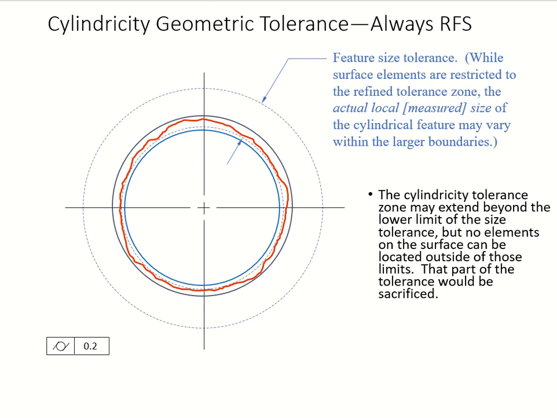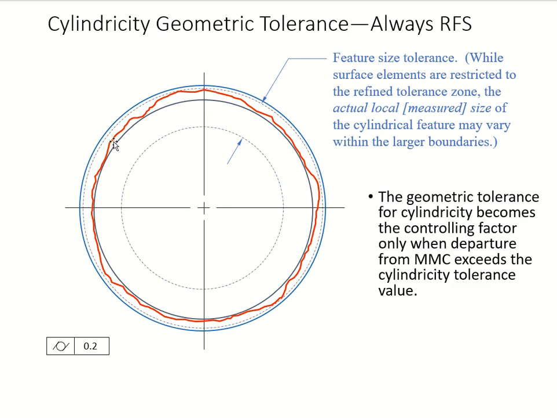And of course, the actual feature can vary within the size limit. Now it's going to go up, see? The same thing again here. The closer to MMC, the more perfect the form is for your cylinder, of course. Of course, you can't get out of that zone. And here it seems like it's out a little bit, but when you look at the form, it's still inside.